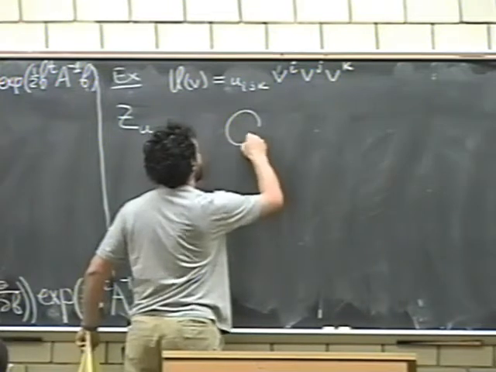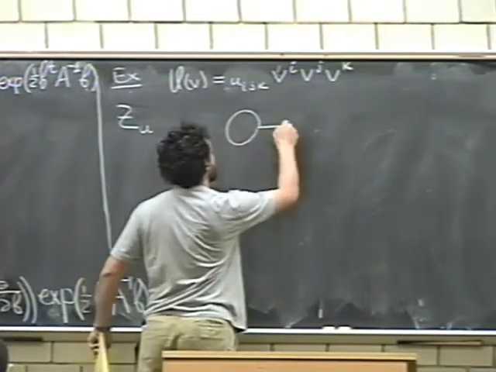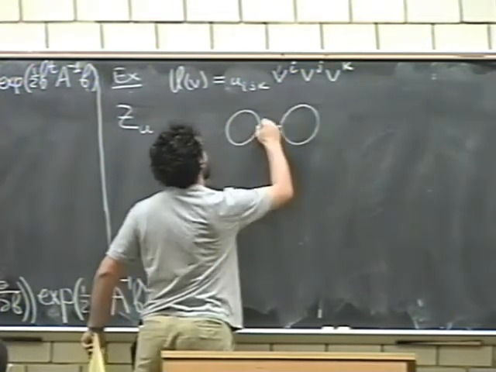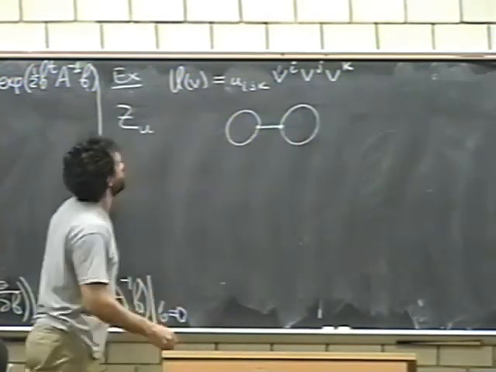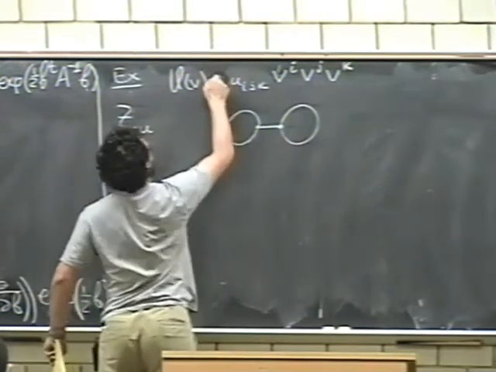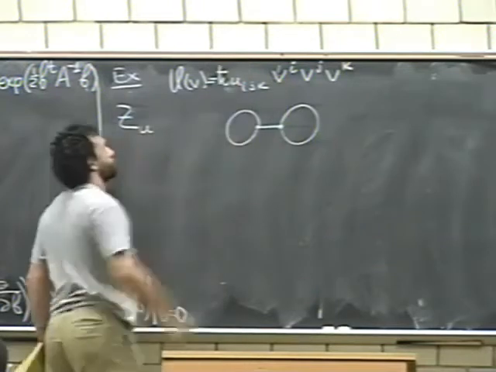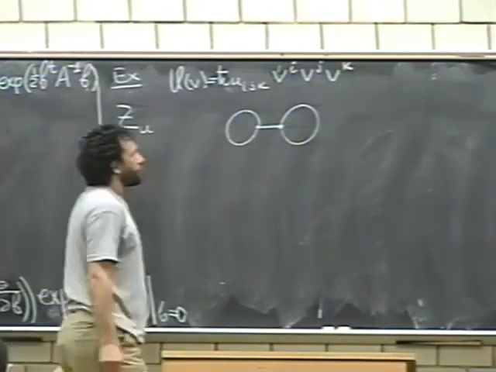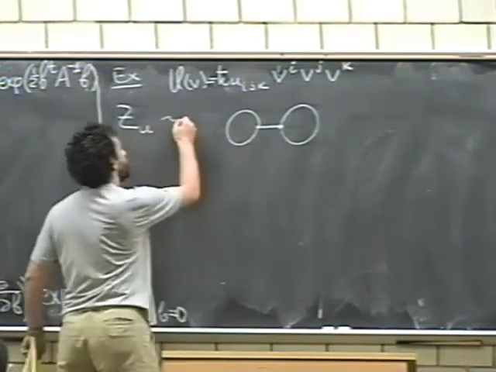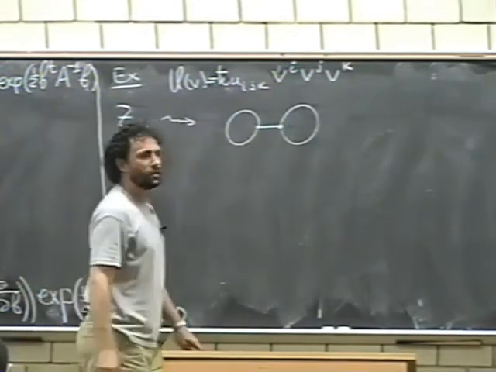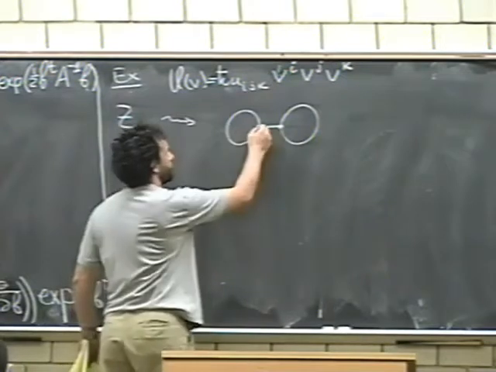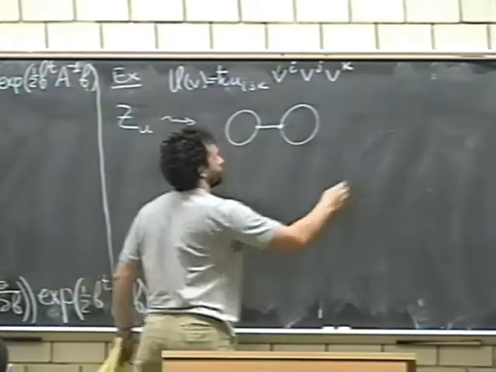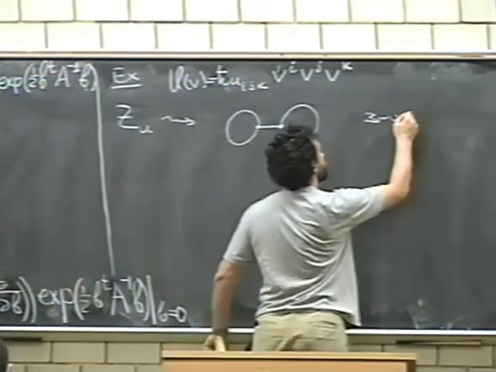They're all trivalent graphs, which look as follows. Oh, maybe I should put here, sorry, h. So the graphs which appear in the expansion look like that. They are trivalent, all these trivalent graphs.